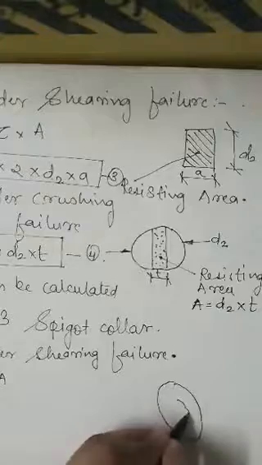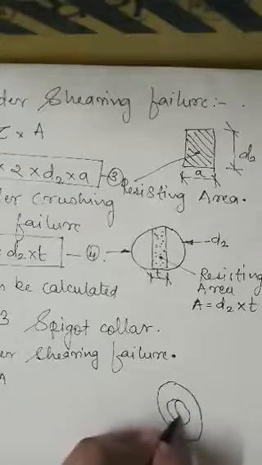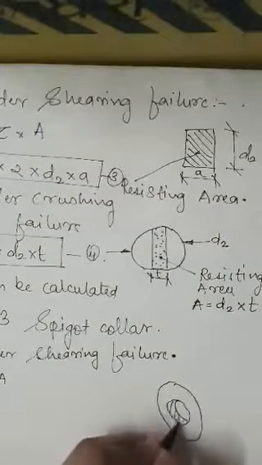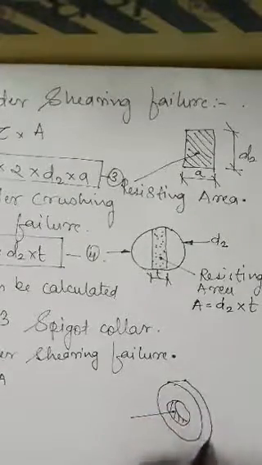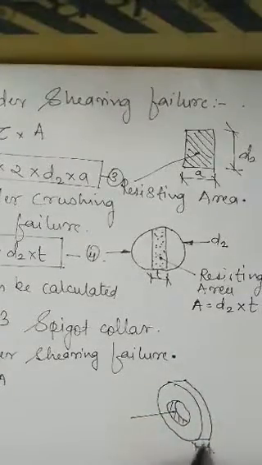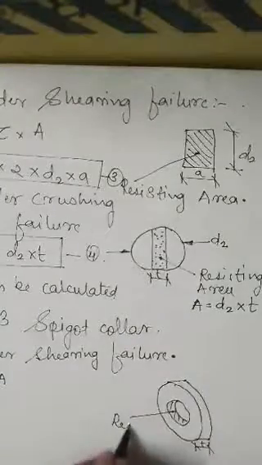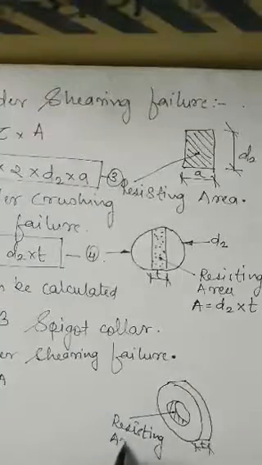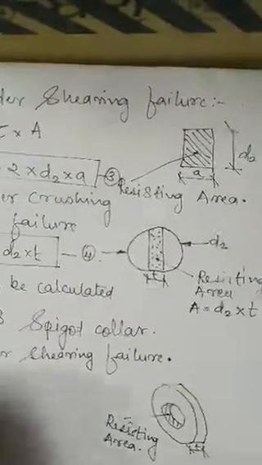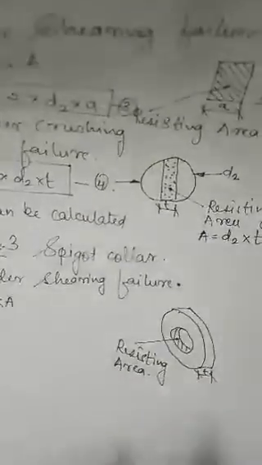This is our collar, and this is the resisting area with thickness T. So how will we find out our area?